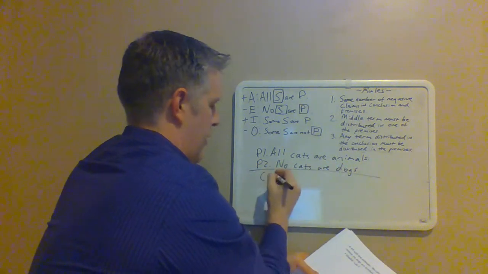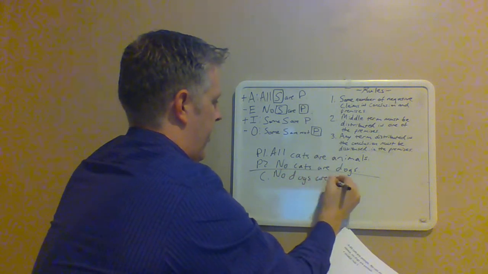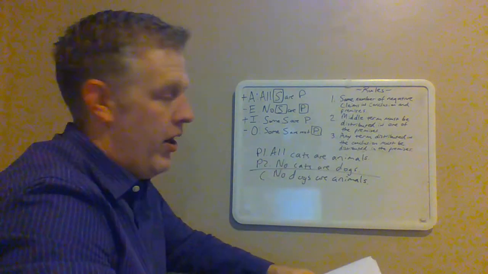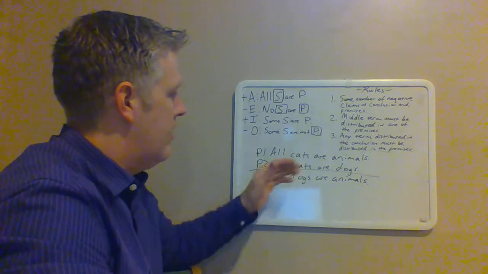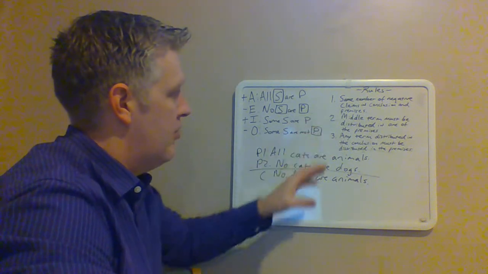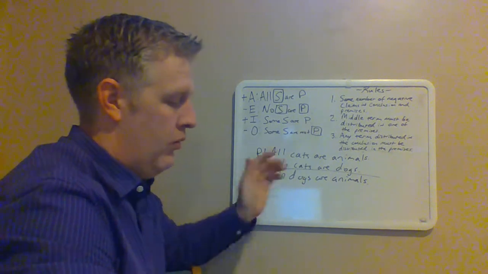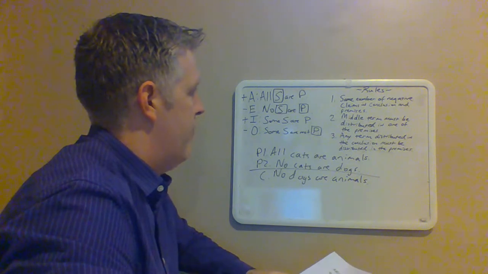Conclusion: hence, no dogs are animals. You might want to pause this video at home before we go through it, work through it with me, see if you can apply these rules yourself and figure out whether this is valid or not. But now we'll push forward and determine whether it's valid or whether it violates one or more of the rules.